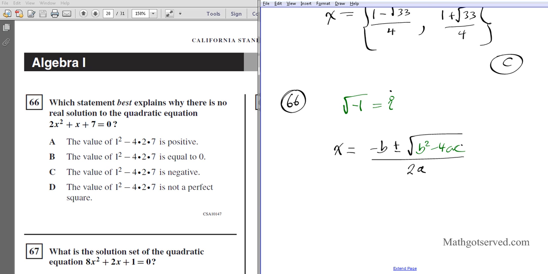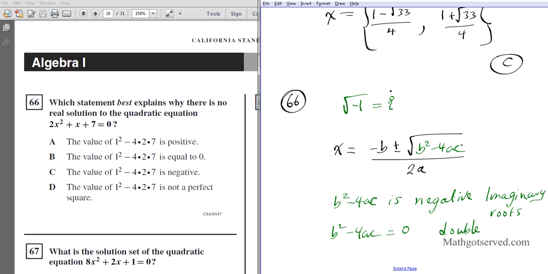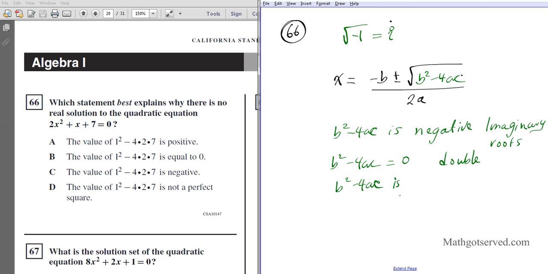So if b squared minus 4ac is negative, you're going to have imaginary roots. If b squared minus 4ac equals 0, you're going to have a double root. And if b squared minus 4ac is positive, you're going to have real roots, two distinct real roots.